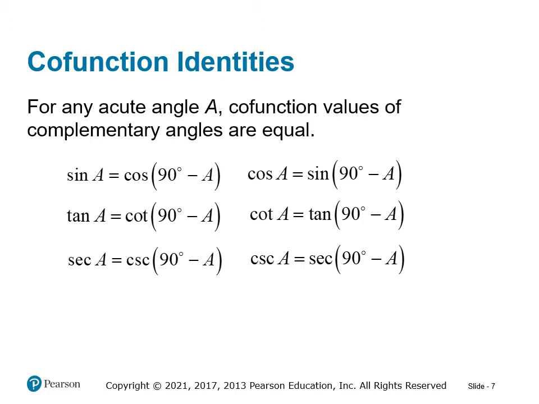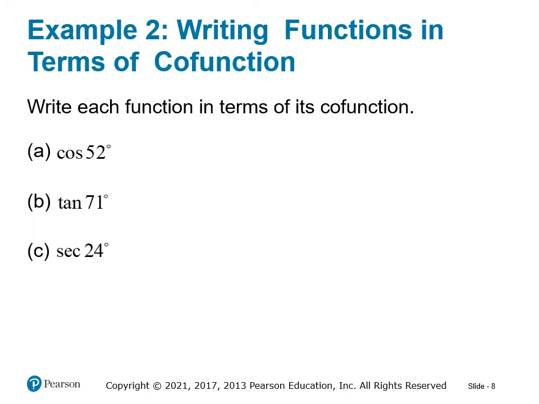Tangent and cotangent, the same thing. The tangent of an angle A is equal to the cotangent of the complement of A, which you see here is 90 minus A. And secant and cosecant are also cofunctions where their complementary angles have the same trig function values. Okay?